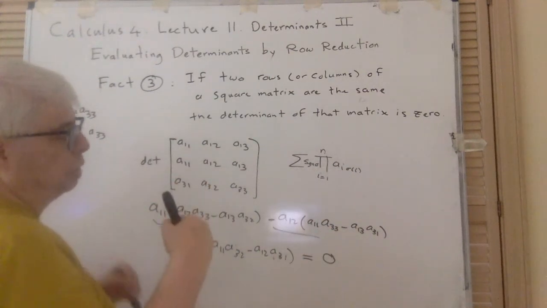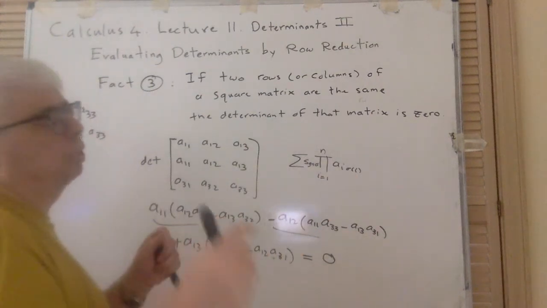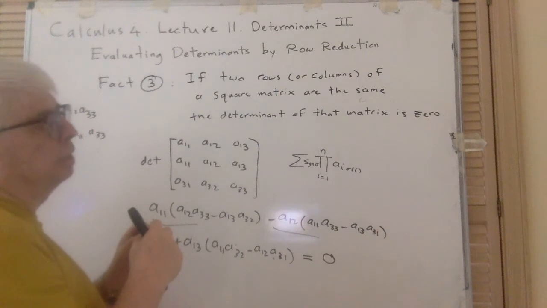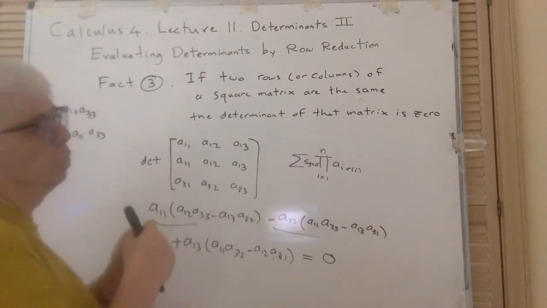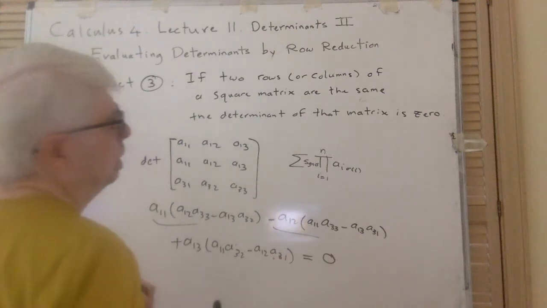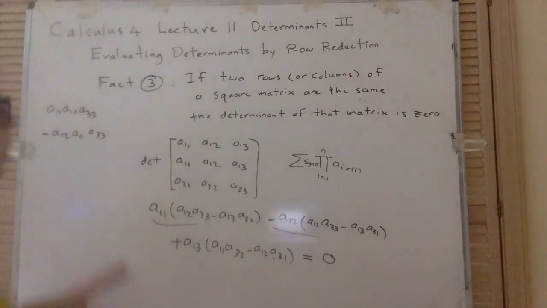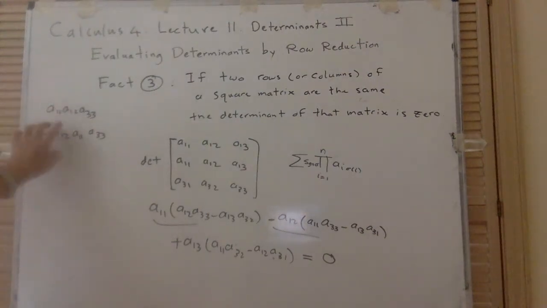If the first indices are 1, 2, 3, 4 up to n, then the second indices are a permutation of that 1 to n. That's what I wrote. Sigma is a permutation of 1 to n, and then there's something called the sign of sigma. Now, those two are the same, except for the sign. But since there's a flip here, the sign of this one is different.